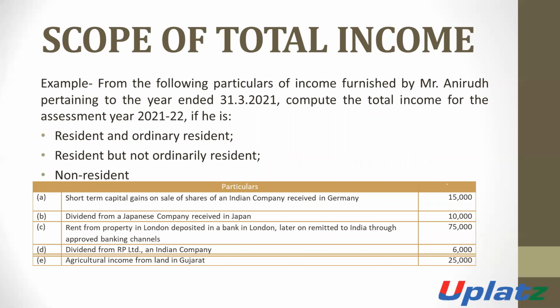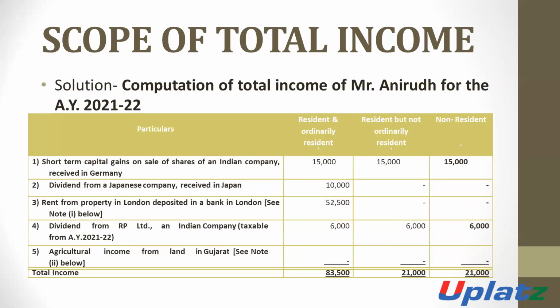Rent from the property in London, deposited in the Bank of London and later remitted to India through the approved banking channel, 75,000. Dividend from RP Limited, an Indian company, 6,000. Agriculture income from land in Gujarat, 25,000 rupees.